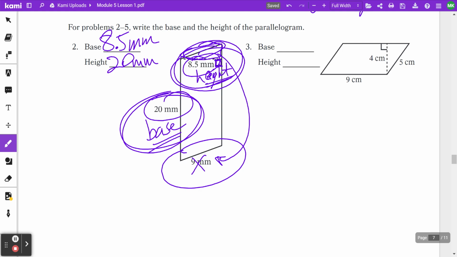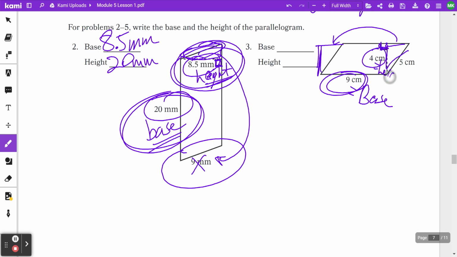Same thing over here. If I cut this piece off and put it on over there, there's my rectangle. Notice I have my 9 centimeter as my base, and I'm using my 4, notice the right angle, as my height. What is left out? The 5 centimeter.